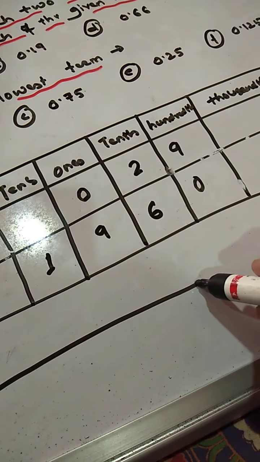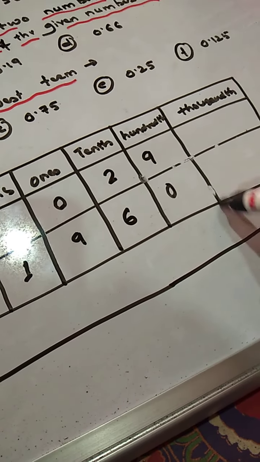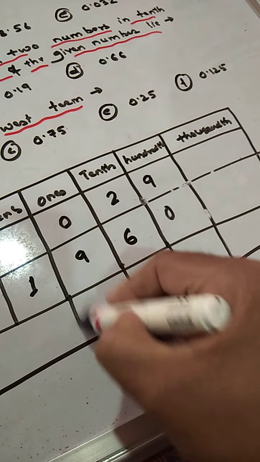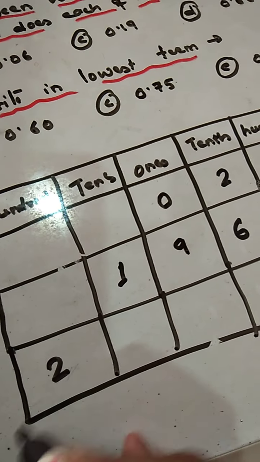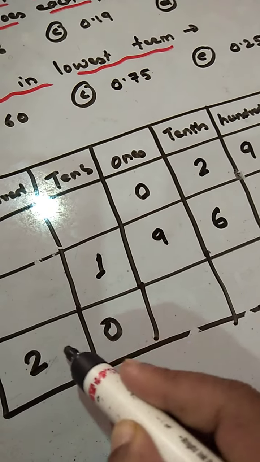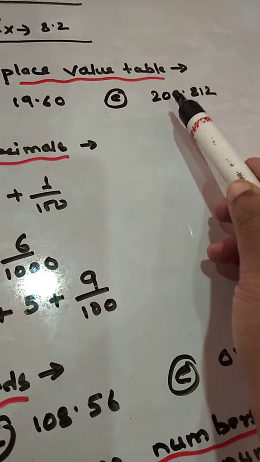Okay, so there is another one, 200.282. So we'll draw another box like this. Now what is the number? 200. So obviously 2 should be written in the hundreds place. In the tens position we have 0.